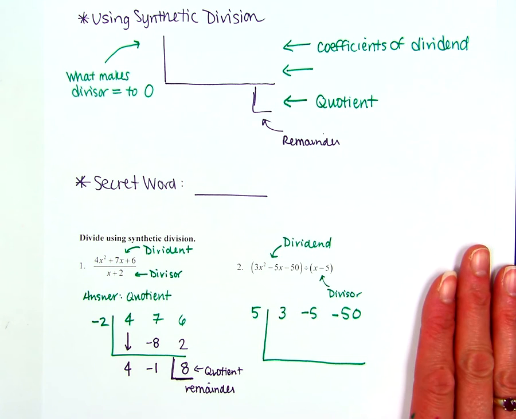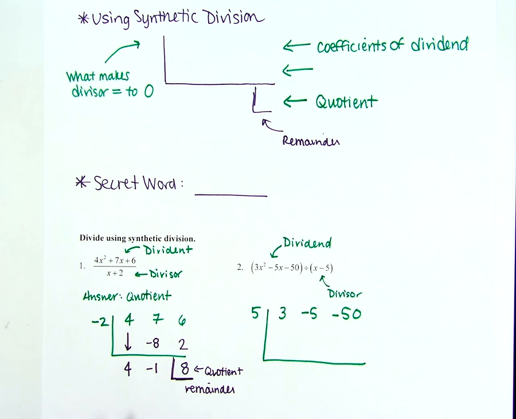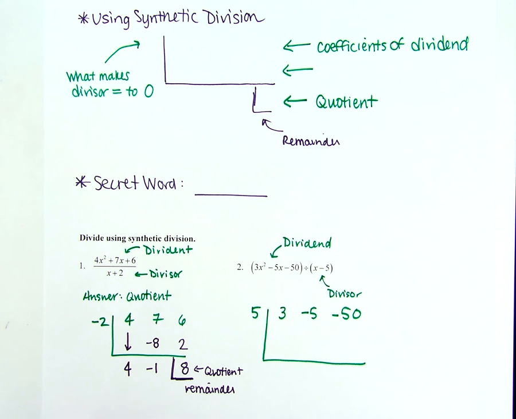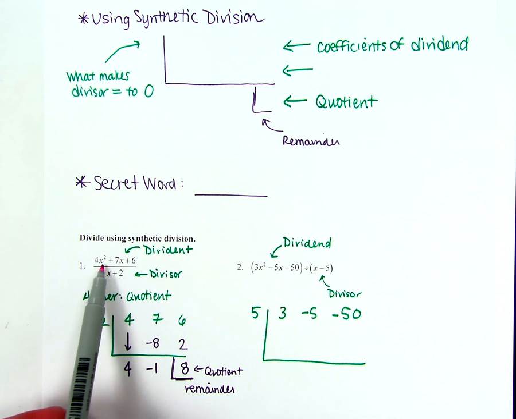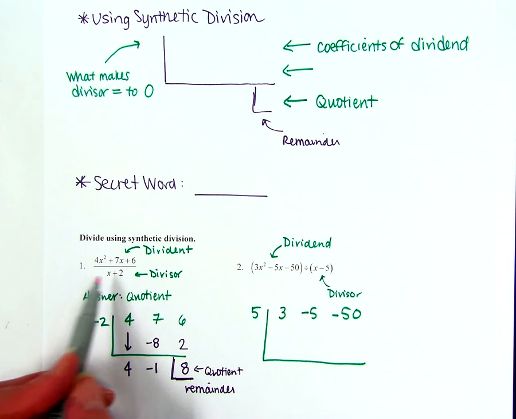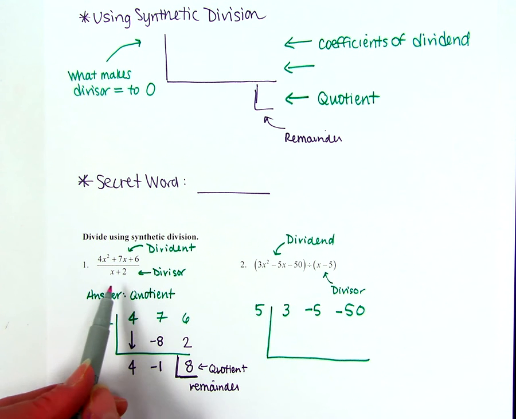Now, the thing about your quotient is that because this is synthetic division, you don't have any variables. So 4, negative 1, and 8, that doesn't really tell me anything. Remember, this is our fake way of dividing, so you have to go back and put your variables back in. Okay, so this is where you're looking at what was the degree of the original problem. The degree of the original problem was x squared, so this is the second degree. So I'm going to take away 1 degree because I divided by a linear term.